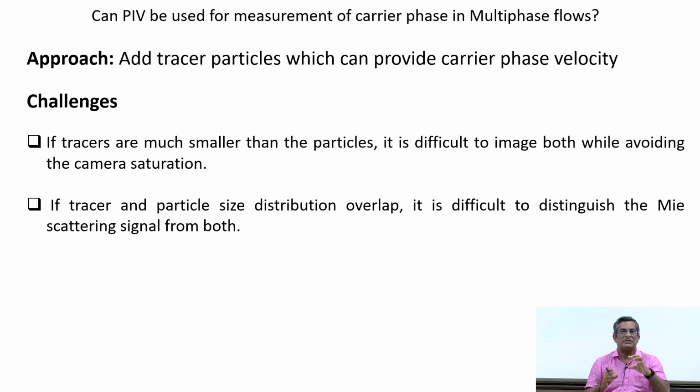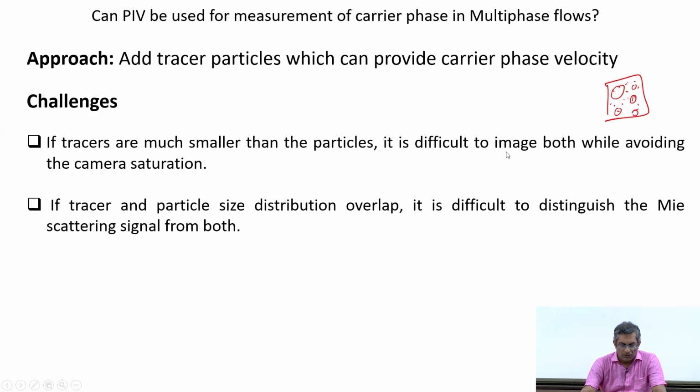Now the issue of crosstalk, which we had discussed, comes into the picture. If you simply process an interrogation window that has the dispersed particles as well as the tracer particles, you will get some velocity field, but that is of no use, because we do not know if it corresponds to the particle phase or the tracer phase. Actually, it will be more biased towards the particle phase, because particles occupy more space in your window.